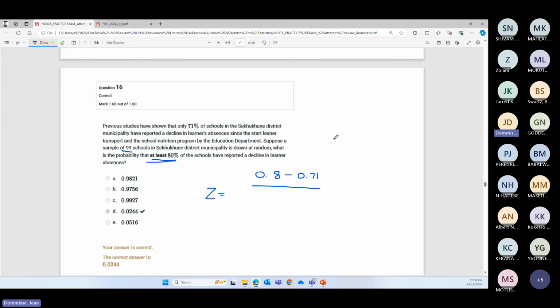At least is going to be positive, so it means more than. So at least 5 means 5 or more. So at least means that whatever this is, it needs to be bigger than or equal to.